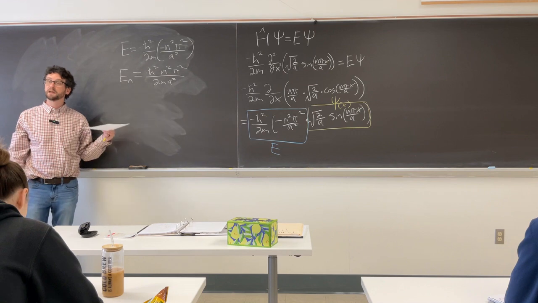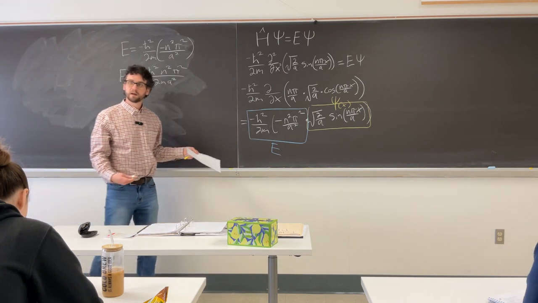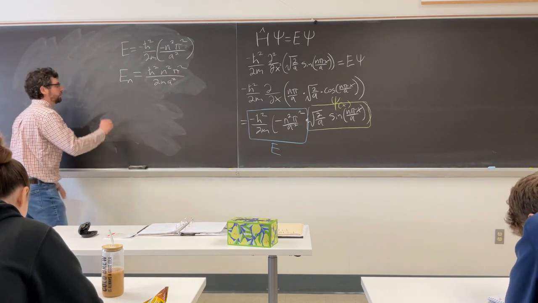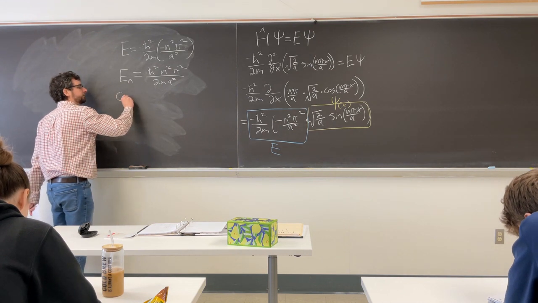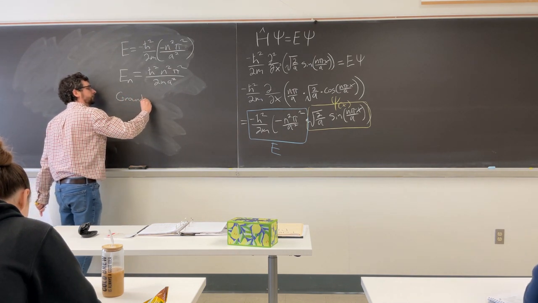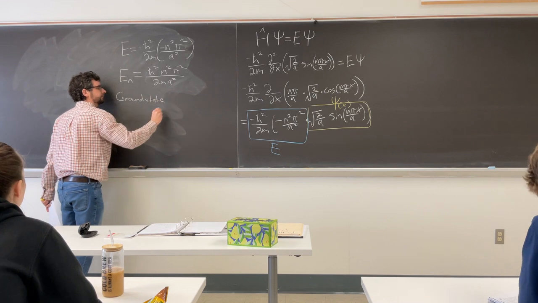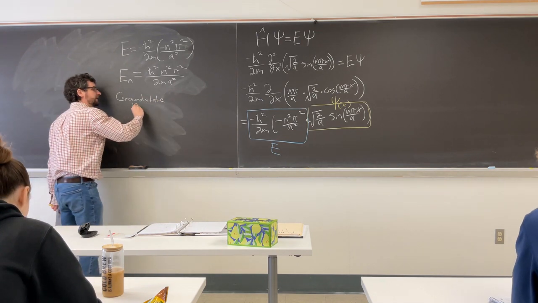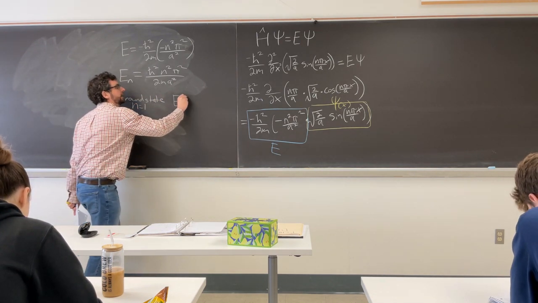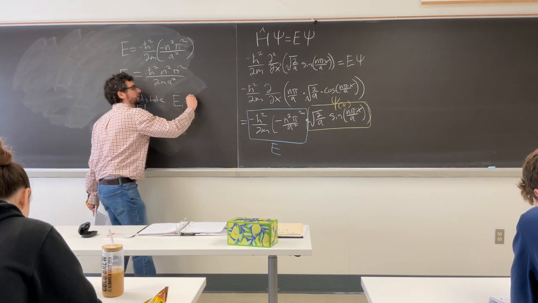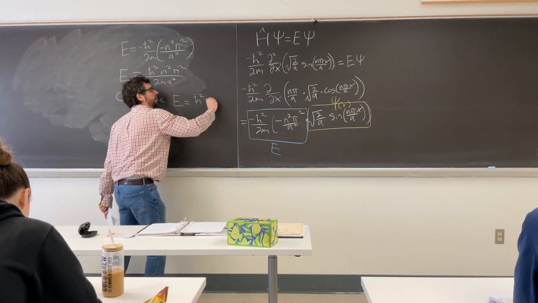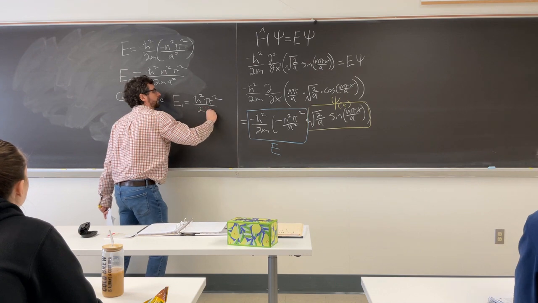N, yep, depending on what energetic state. Here, what's the ground state? Yep, n is equal to 1. Therefore, the energy of the ground state would be h bar squared pi squared over 2a squared.